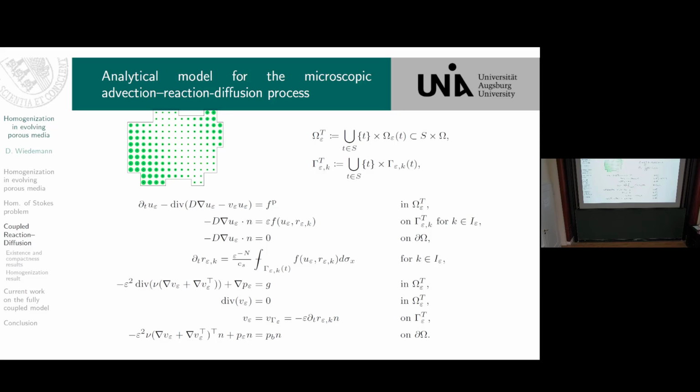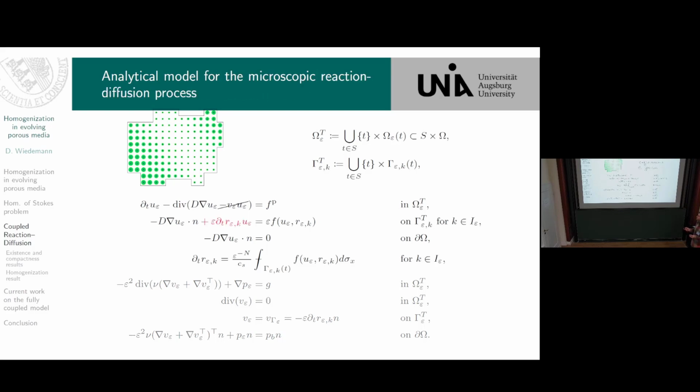Then we have here also the Stokes flow in order to model the Stokes equation. Now we simplify this model at first for the homogenization, so we ignore the advective term, so we can drop the Stokes equation in the first step. We have to add this term in order to have conservation of mass.